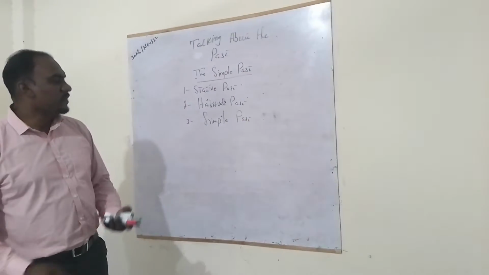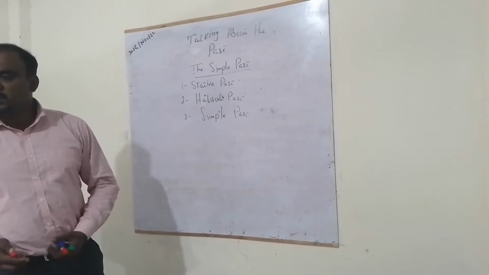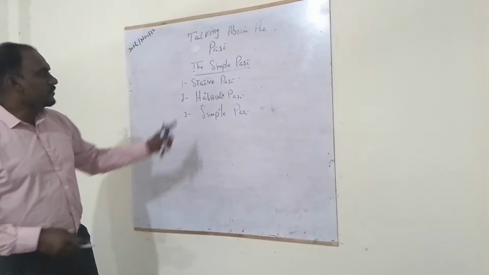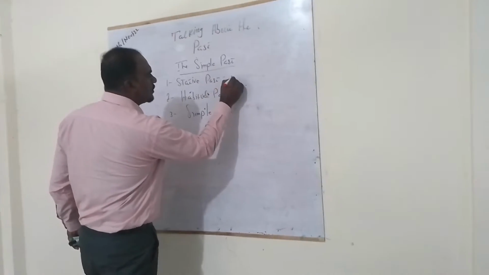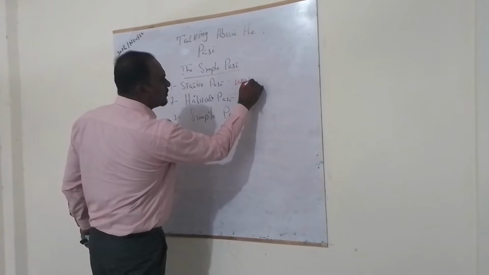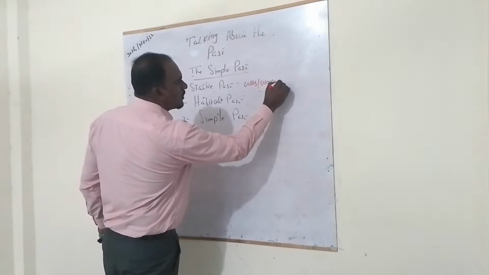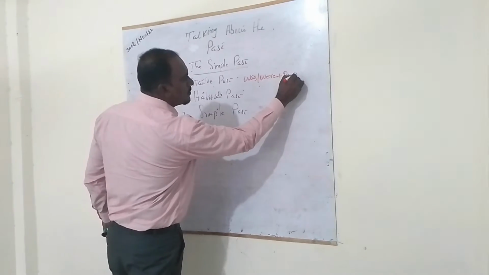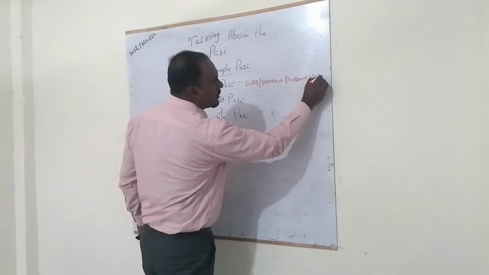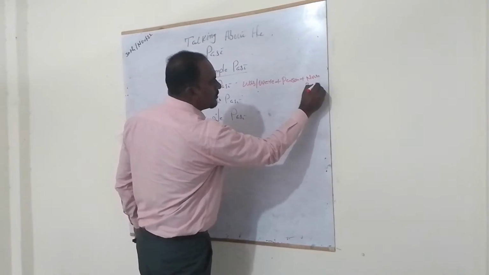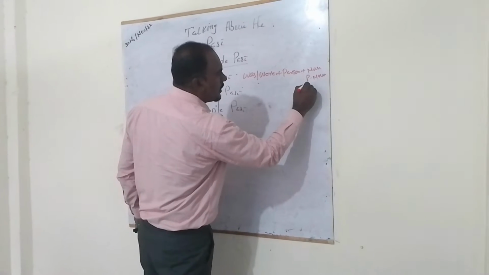So, stative is very simple, no forms of verbs are used. It's a very simple formula: was, were plus person plus noun, pronoun, adjective.